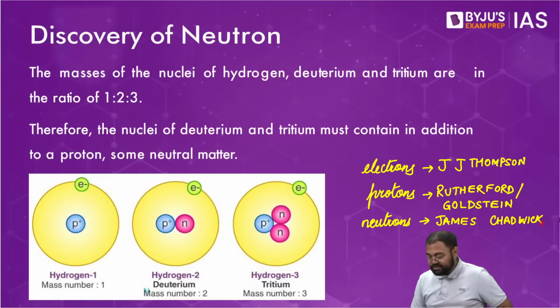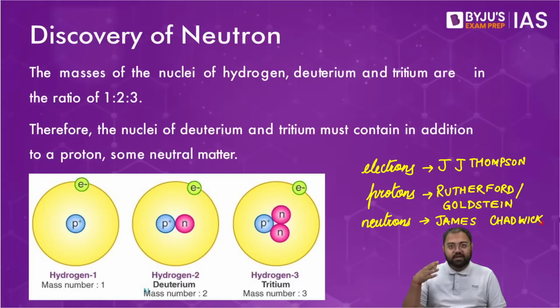Rutherford was the one who gave this structure, that you have a very small space inside the atom where all the protons, or all the positively charged particles, should be placed, and most of the atom is empty, according to Rutherford.